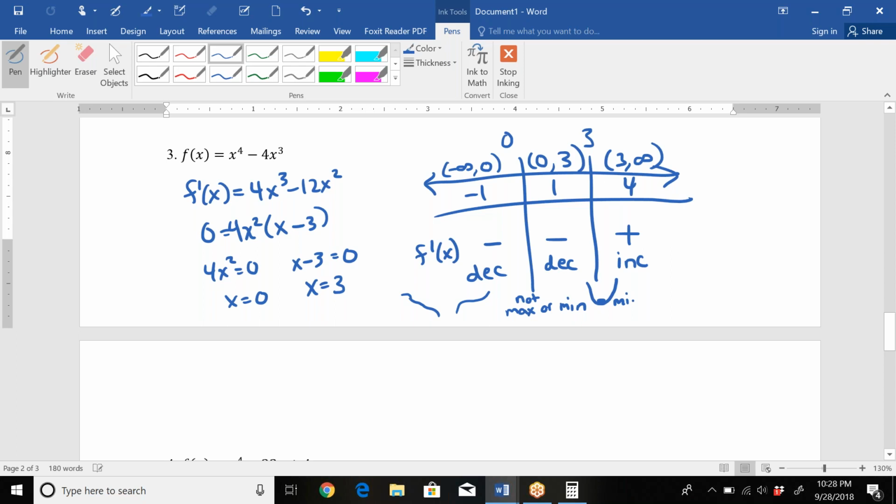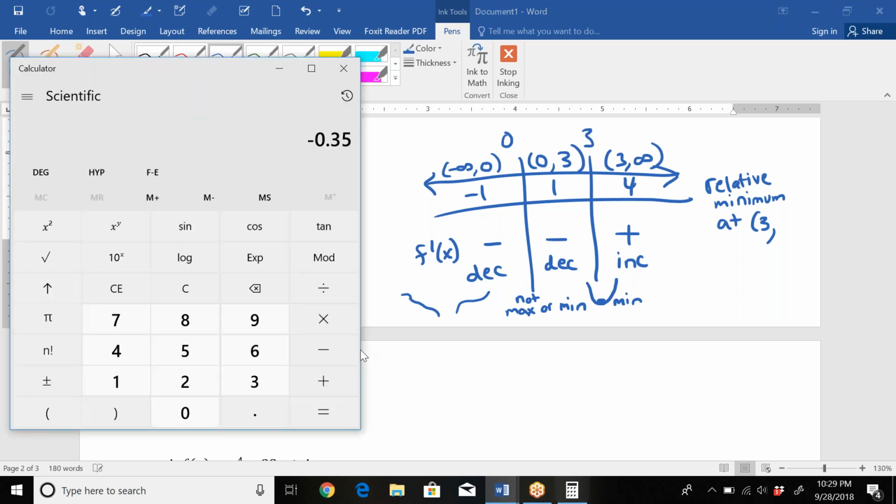So that means that this point right here at 3 would be a minimum. So we have a relative minimum at 3, and then we need to plug that into the original function. So 3 to the 4th minus 4 times 3 cubed, that's 81 minus 4 times 27, which is 108.